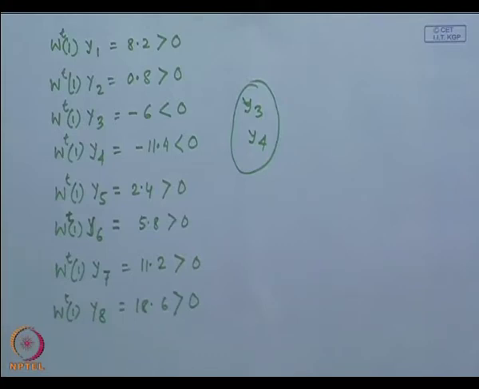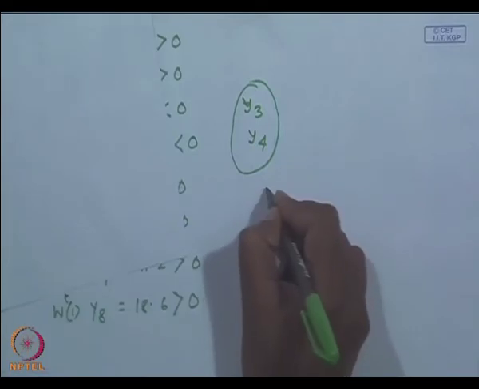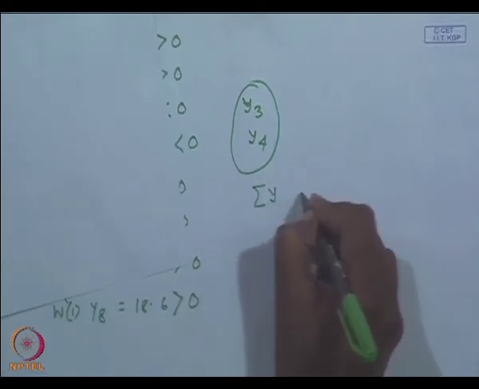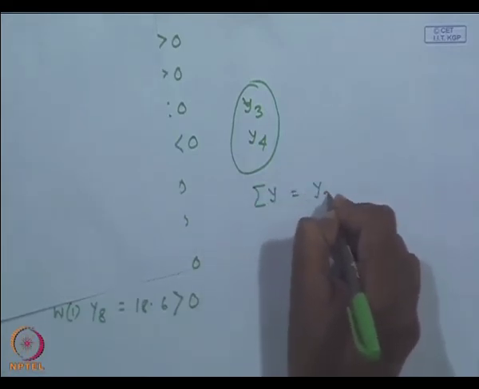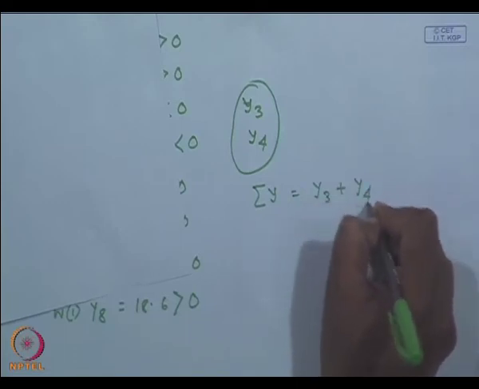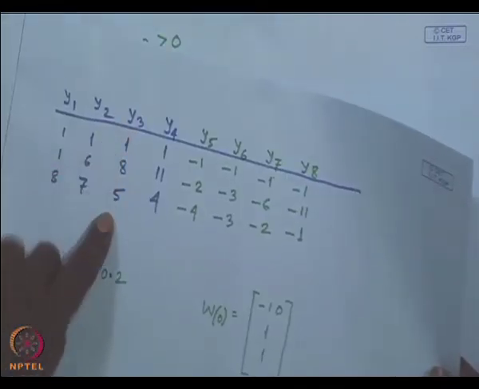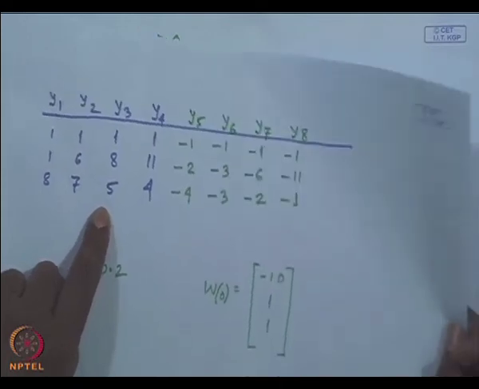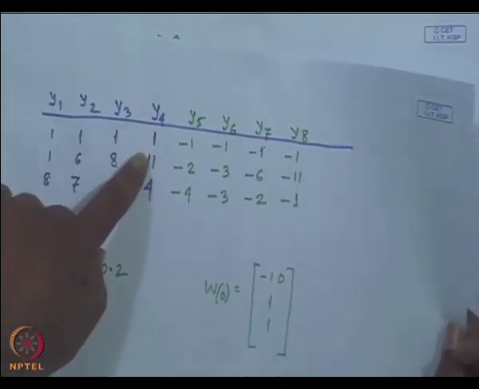And if I add this y3 and y4, the sum of y is nothing but y3 plus y4, and you find that y3 is this and y4 is this.